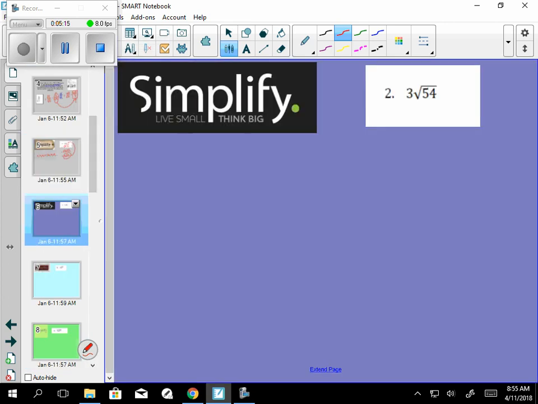All right. We want you also to be able to do ones where there maybe is already a number outside the square root, but there might be some kind of way of still simplifying more. So if we look here, we do have this 3 already out, but 54 still has a perfect square. So we can look at doing that even more. 54 is the same as 9 times 6.